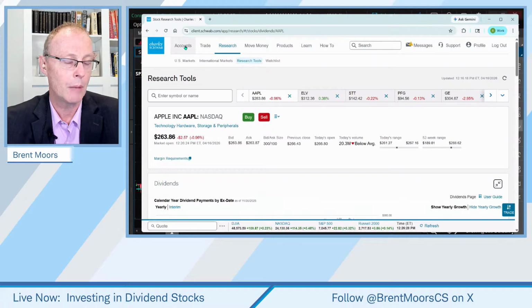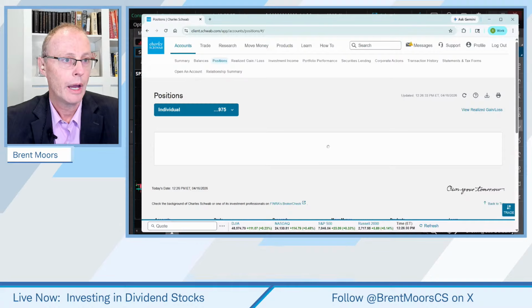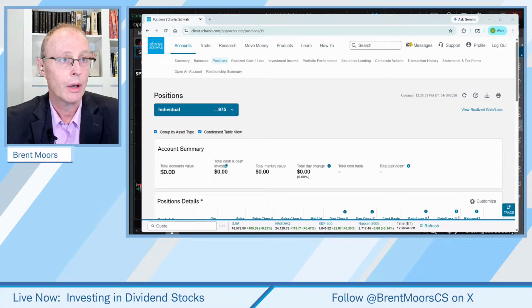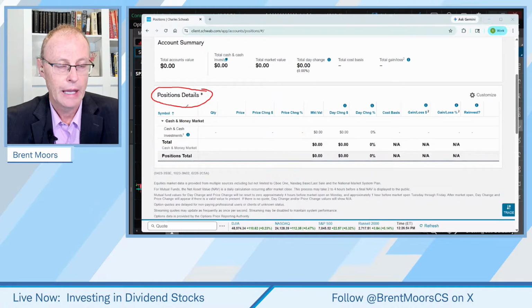But on schwab.com, if you go to accounts and go to positions, under position details, it will list out symbols. Here's symbol X, Y, Z, or whatever, it doesn't matter.